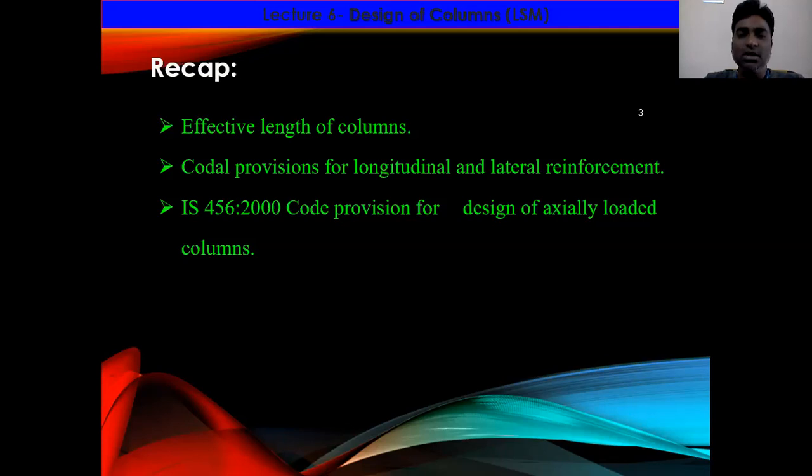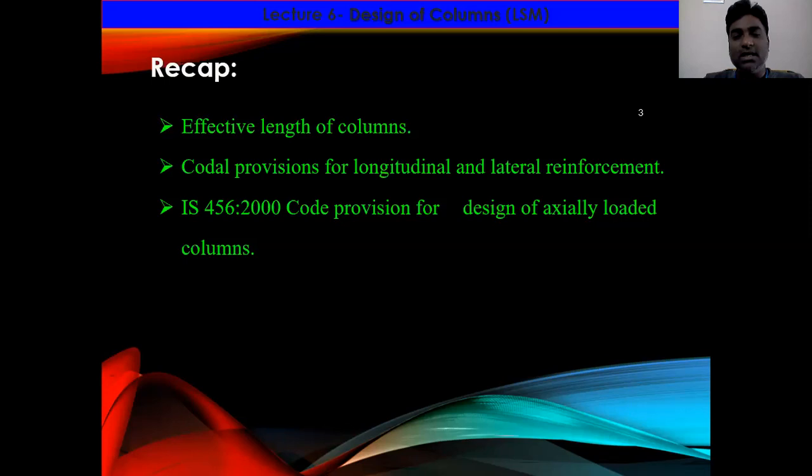Then what are the different types of lateral reinforcement, that means lateral ties and helical reinforcement, and how to provide this reinforcement, that means spacing and diameter. All these things are already given in IS 456, and we saw them in the last class.